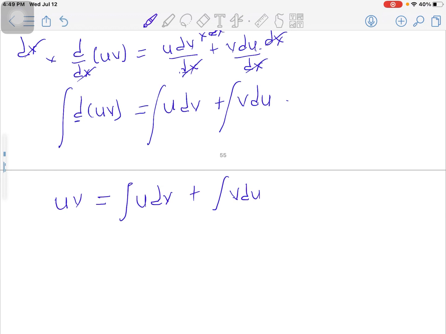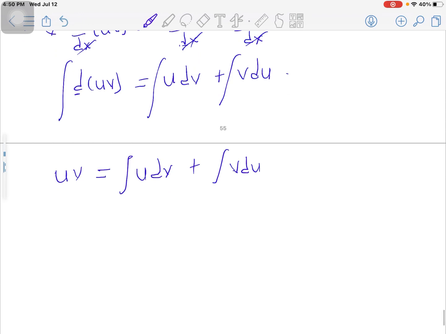So having this, we need to make u dv the subject because that's what we are interested in. So solving for the integral of u dv, we will get this theorem, which is the integral of u dv equal to, now if I make u dv the subject here, I will send this one to this part.